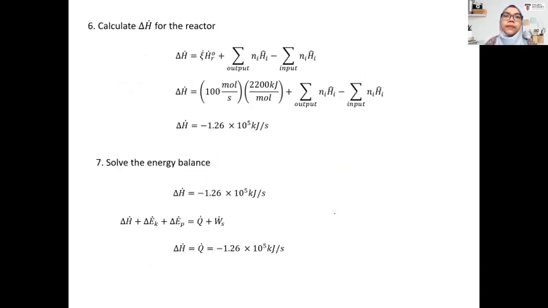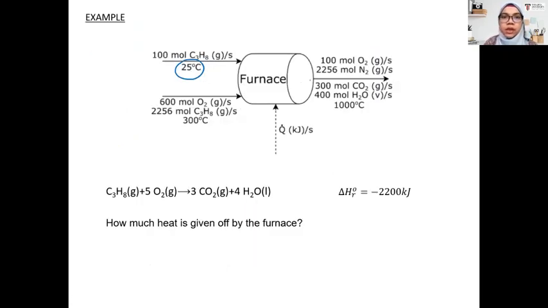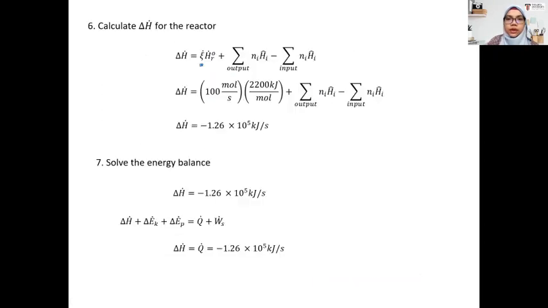Then finally you can fill in all the unknown variables, and then you calculate the extent of the reaction based on this equation: input minus the stoichiometric number times the extent equals the output of a species. For any species it can be calculated, or here maybe you can choose the oxygen, so 100, and then you can get the extent of the reaction here.